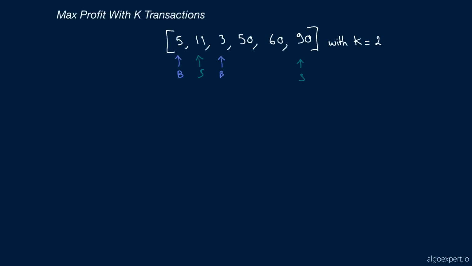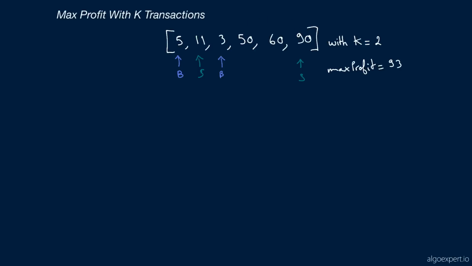And so here, the total profit would be $93. Because you get $6 from buying and selling at 5 and 11, and then you get $87 from buying at 3 and selling at 90.